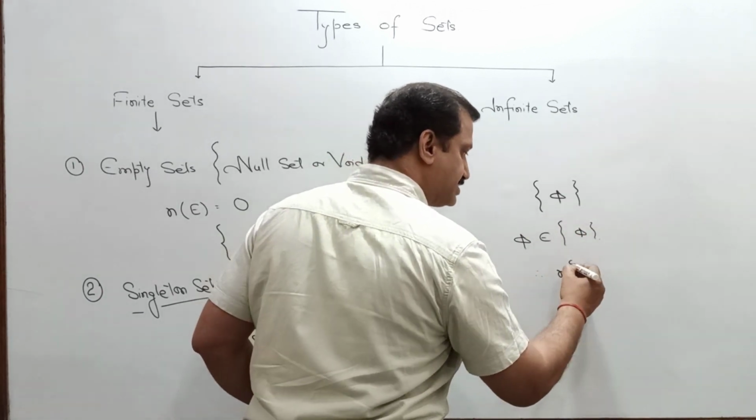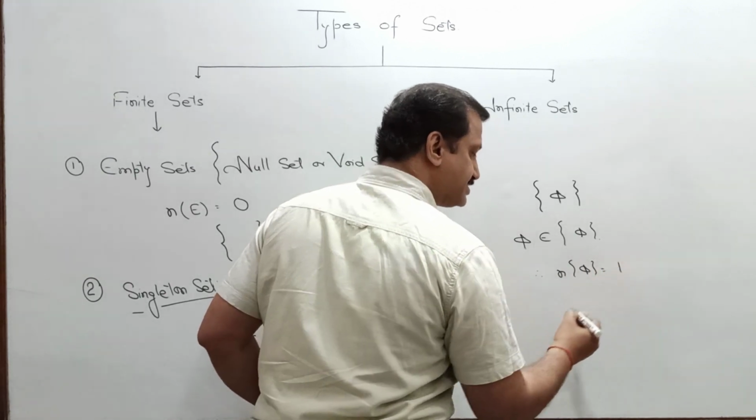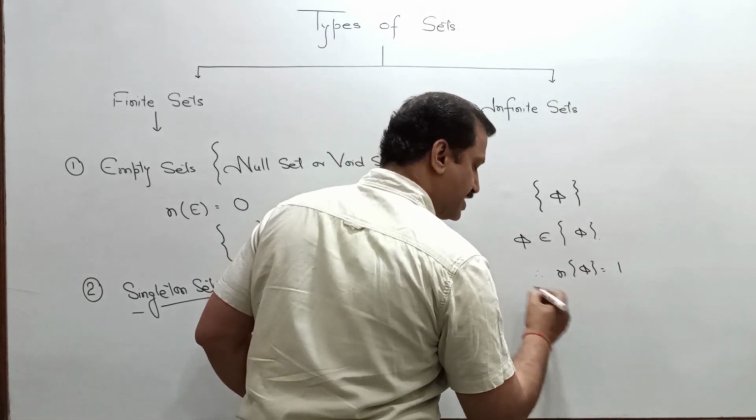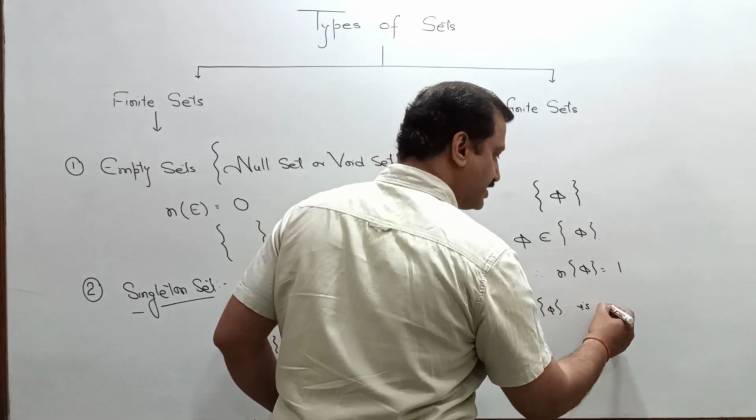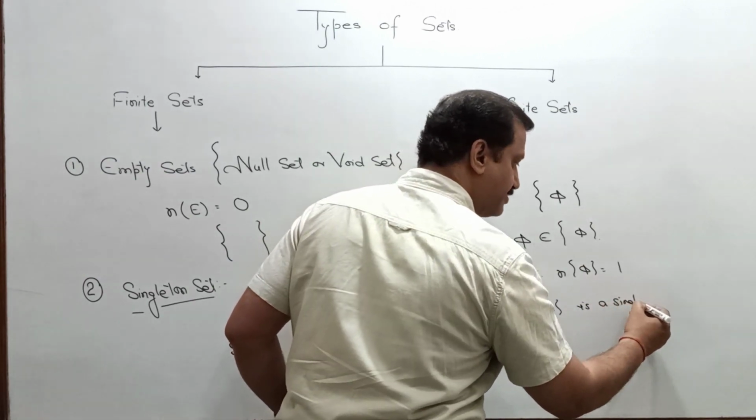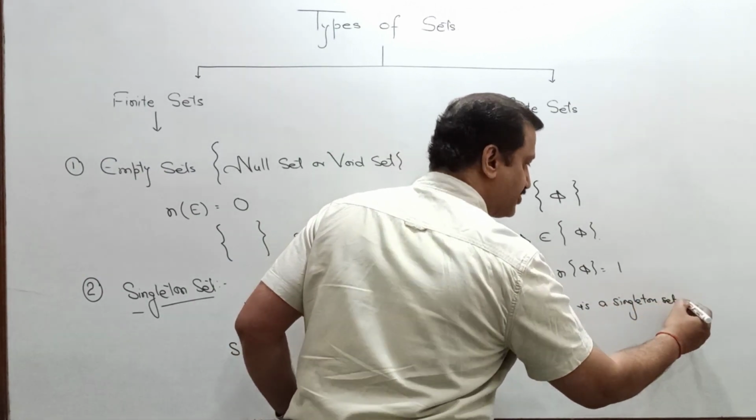Therefore, this set is a singleton set. Set containing 5 is a singleton set.